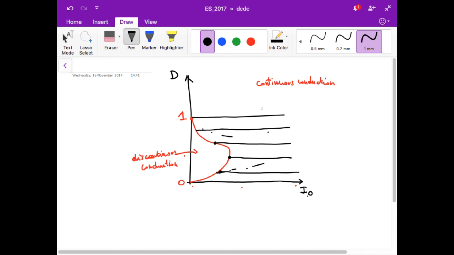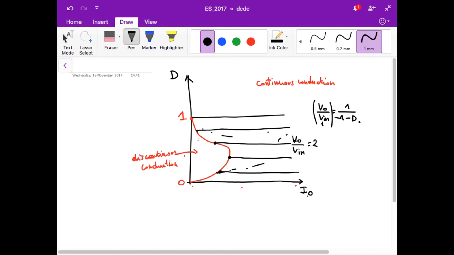It's like this. So you remember that VO over V in is equal to 1 over 1 minus D. So once VO and V in have been fixed, D is fixed. For example, if VO is equal to twice V in, then D is equal to 1/2. So this is, for example, VO over V in equal to 2, and so on. These are for different values of the ratio VO over V in.